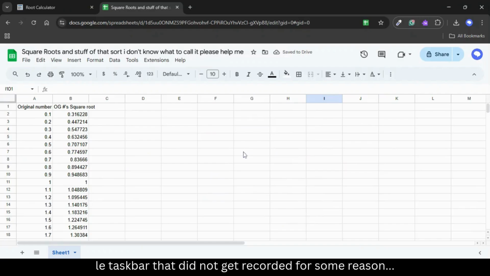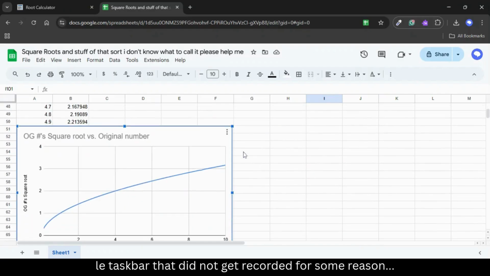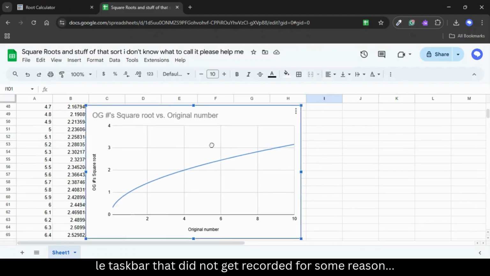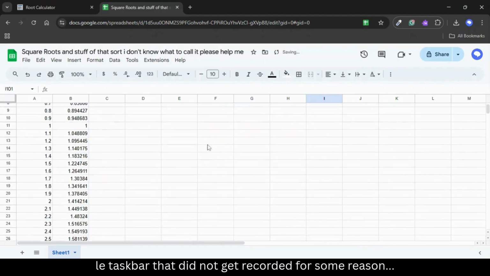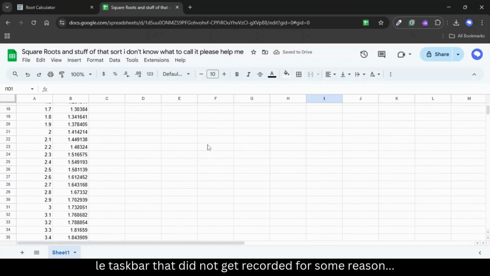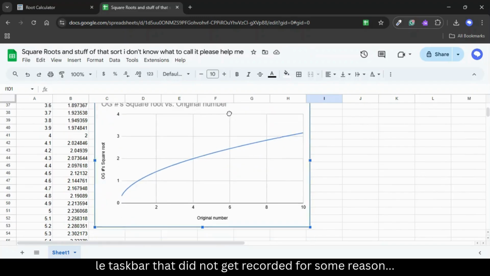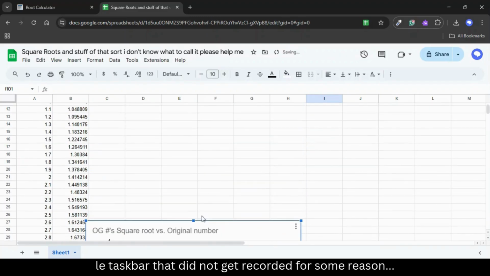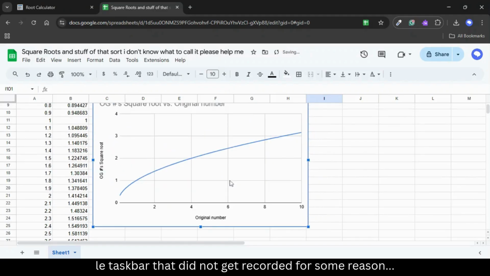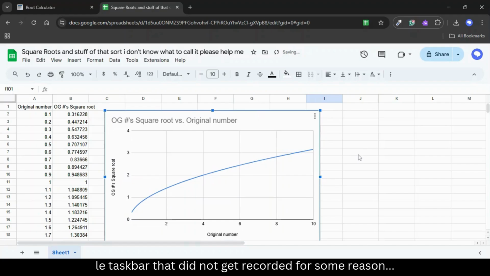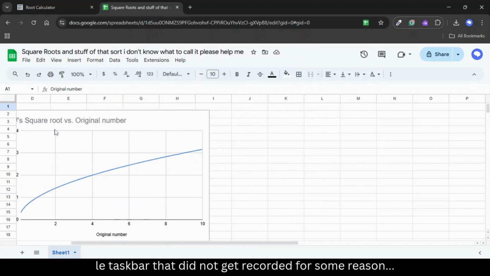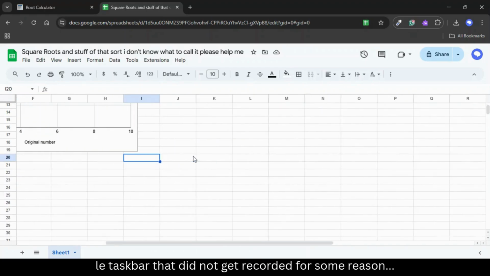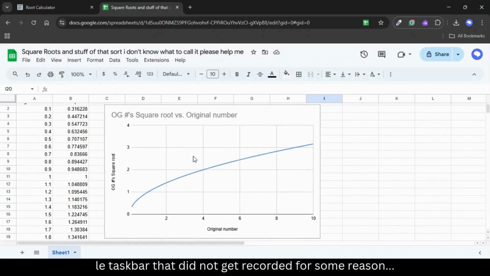Oh, why is this so laggy for me? Yeah, so I've got a chart. I really need to stop using a trackpad. So you can see it goes up and like that.